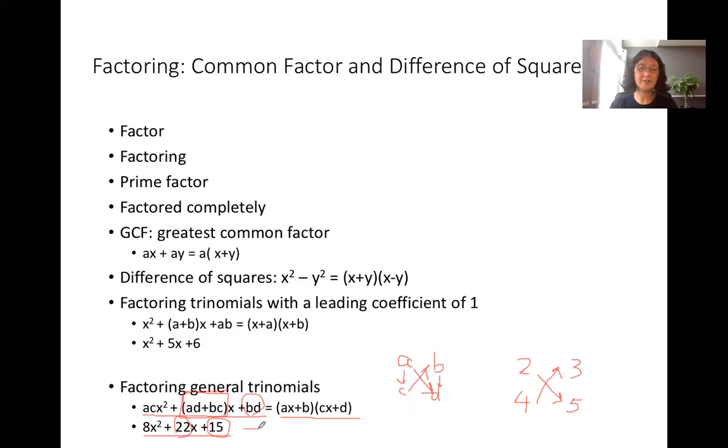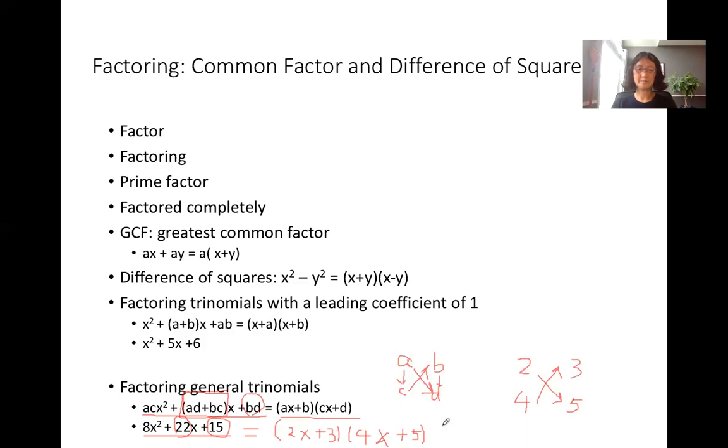You can write down the result: 2x plus 3 multiplied by 4x plus 5. And you can verify if this is correct by using multiplication of two polynomials.